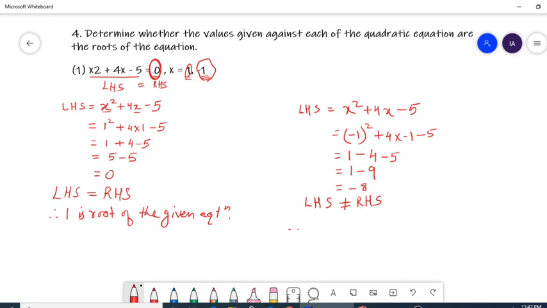So therefore, you can conclude that minus 1 is not a root of the given equation. Hope it is clear to everybody. Now we will move on to another question.